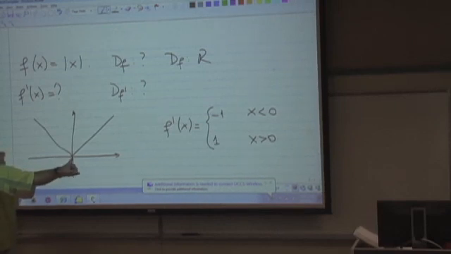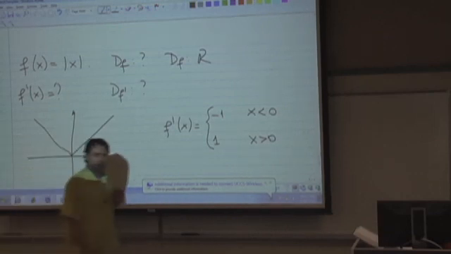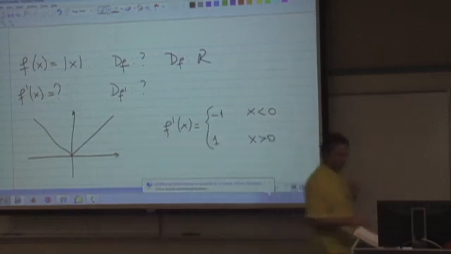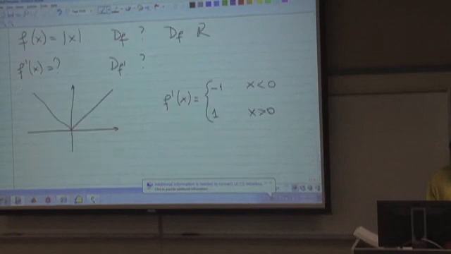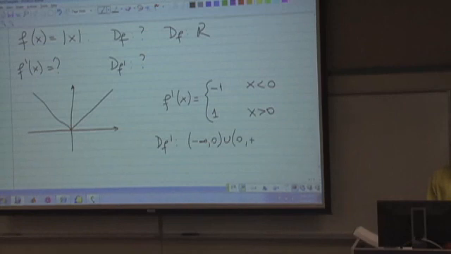It's a sharp turn, and so the function is not going to have a derivative over there. And so what is the domain of f prime? Minus infinity to 0, 0 to plus infinity.